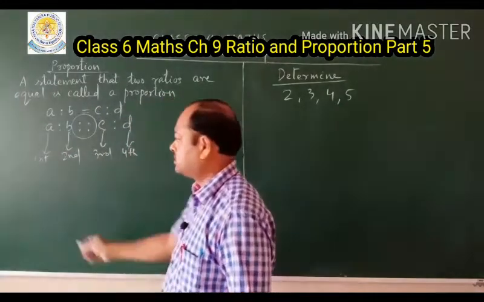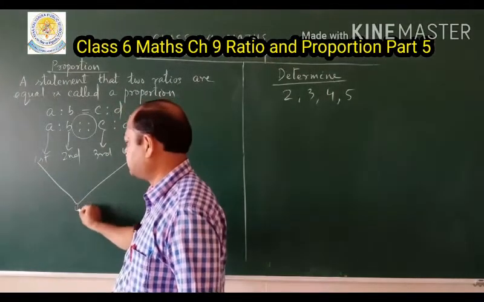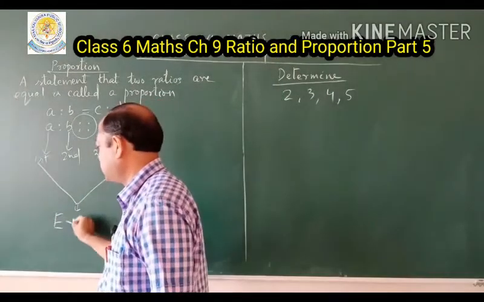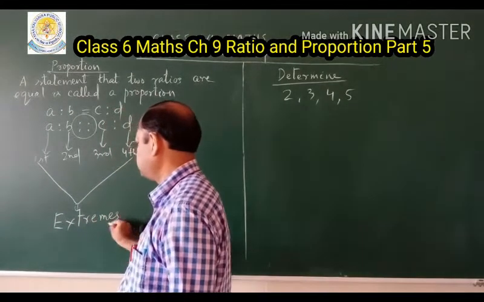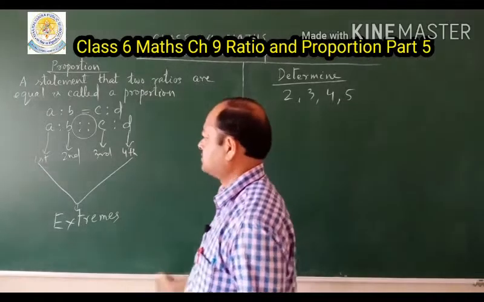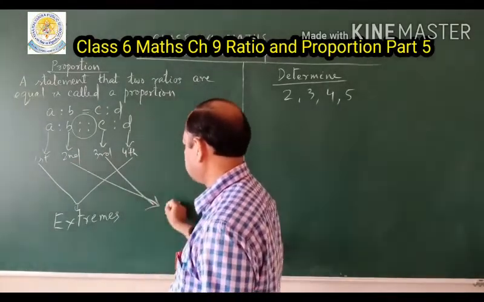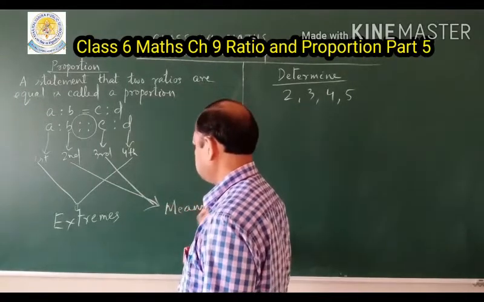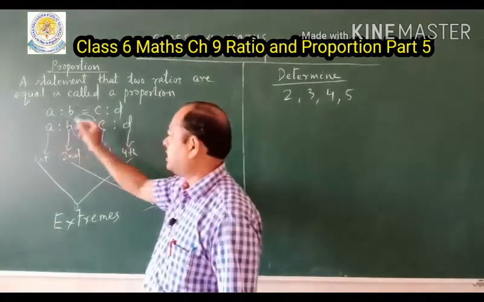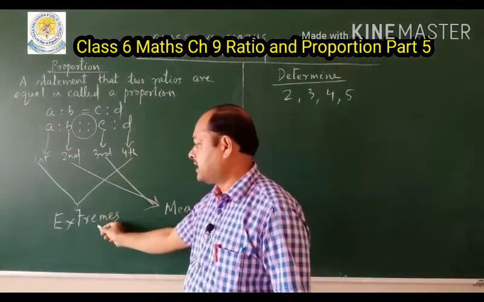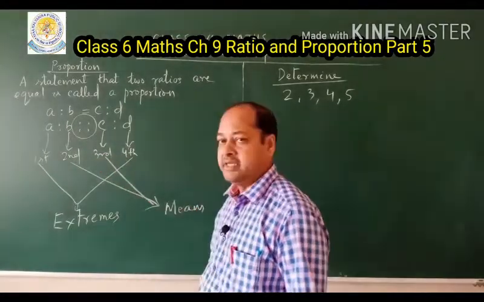And also the first and fourth terms are called extremes. The second and third terms are called means. Okay, I am repeating again. The first term and the last term are called extremes and the second and third terms are called means.